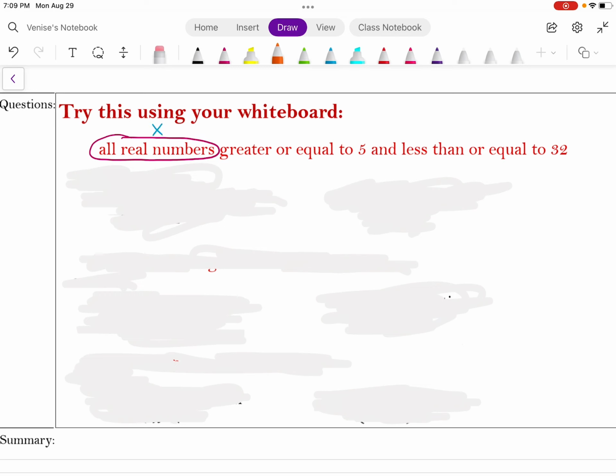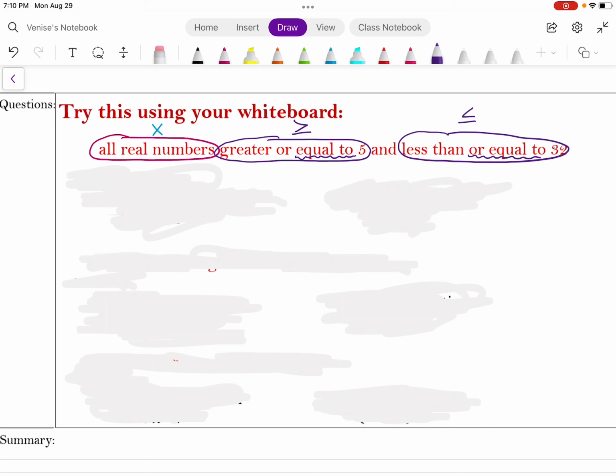Next we say greater or equal to 5. So that bottom line means equal to. Less than or equal to 32. That means there's a line underneath if it says equal to.